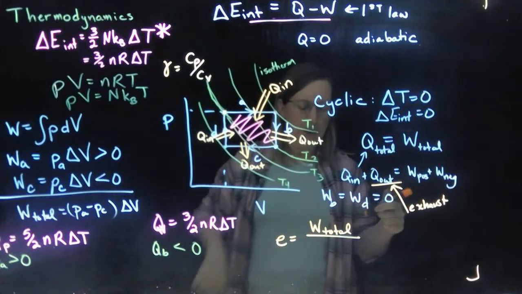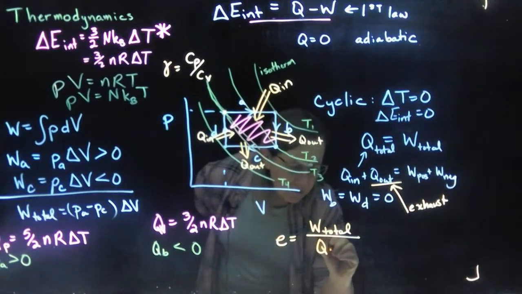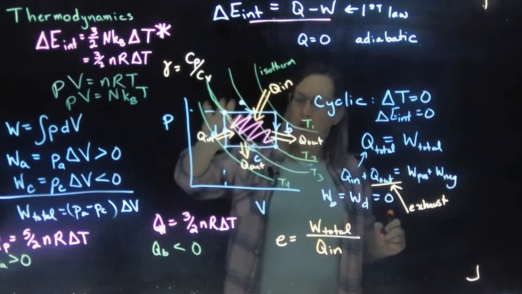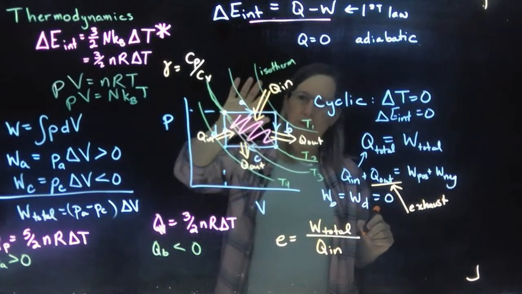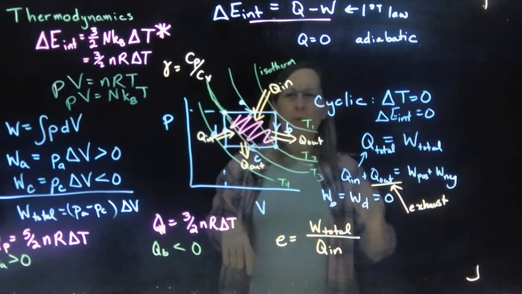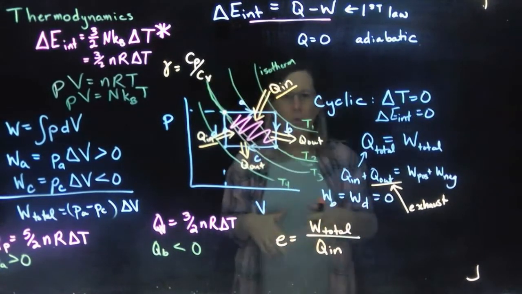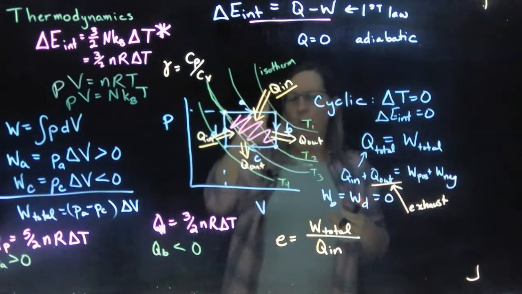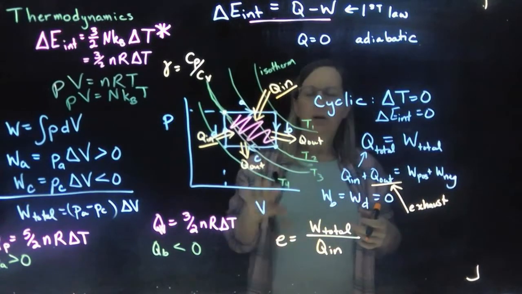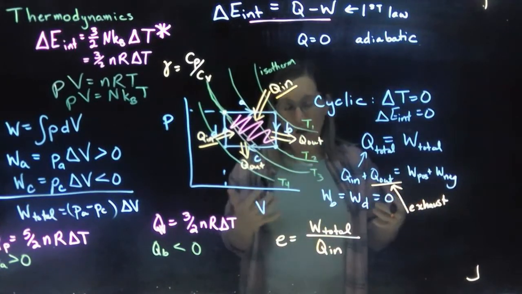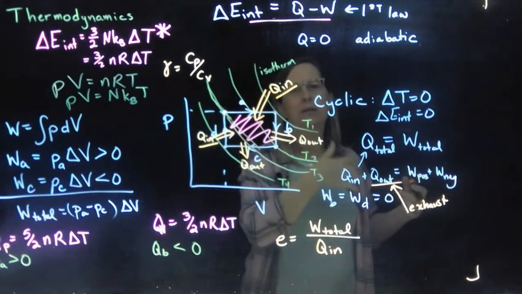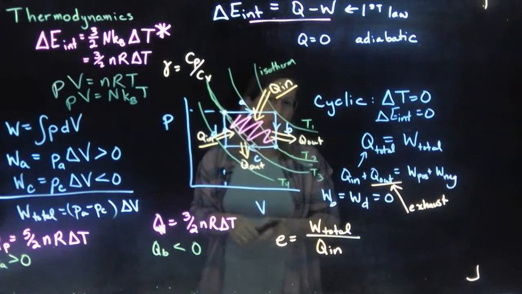So this pink area over whatever we had to spend to create this system. Because Q in is what we pay for. We pay for this heat going in. That's what we buy our gasoline for. This Q out is generally not usable for us. It's exhausted into the environment as thermal pollution.